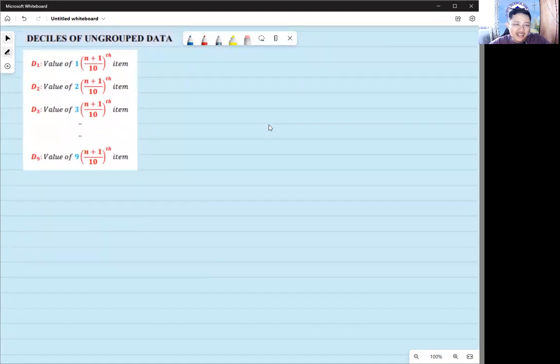But don't worry, they are just the same with the rest. Okay, so if you are solving for the first decile, you will get the (n plus 1) over 10 times 1, the first decile, times n plus 1 over 10th item. And that will be the value.